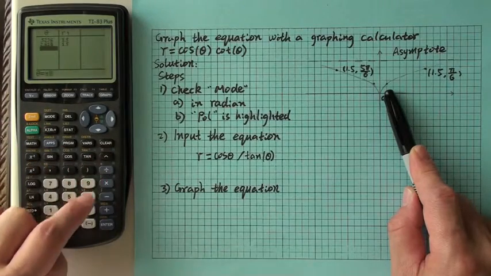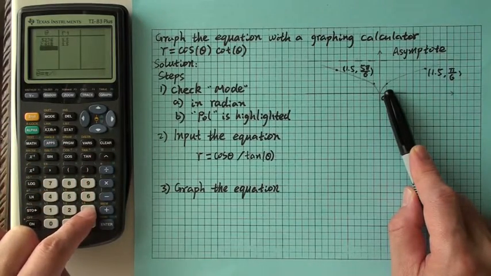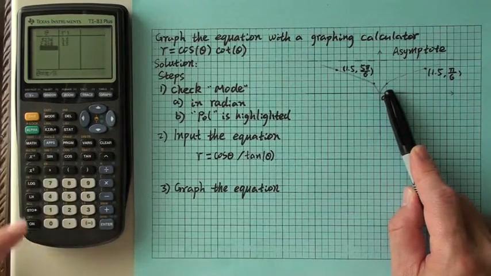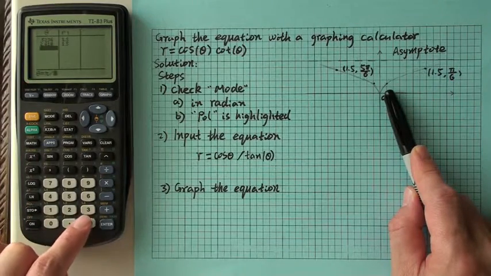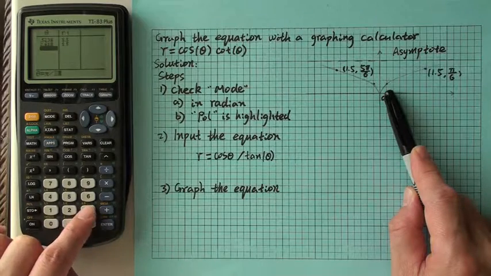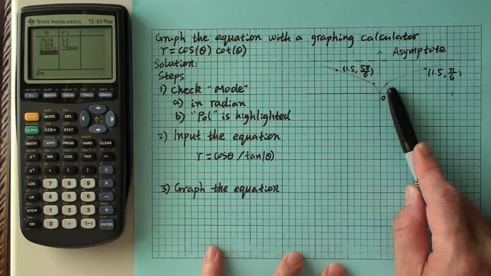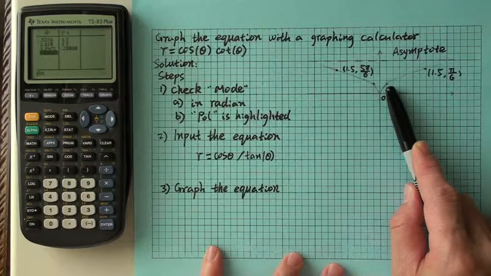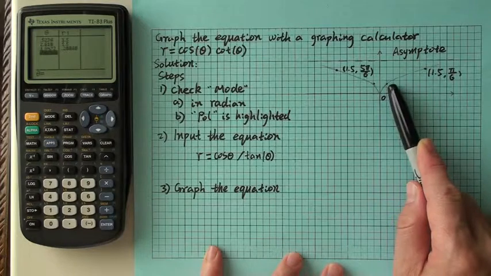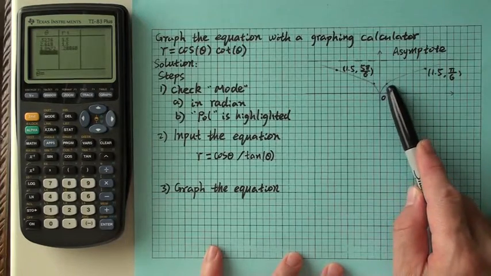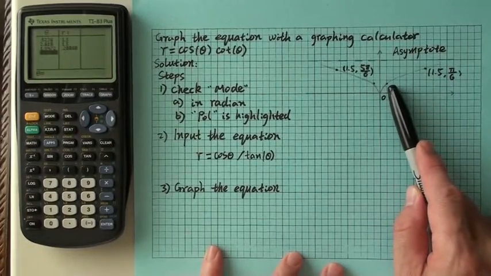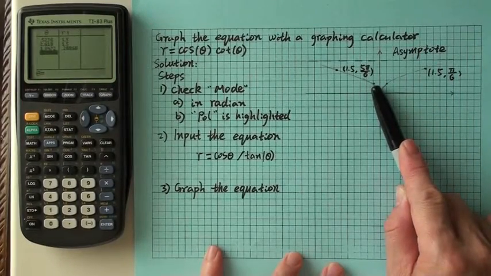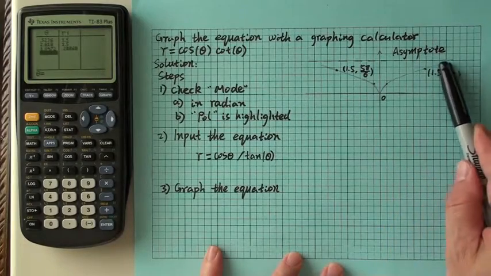Second pi divided by 3, because 180 degrees is pi. You hit enter. It's very small, roughly 0.3 is the r value, and 60 degrees is the angle. So this is one point. Another point is right here. That's why the graph goes like that.